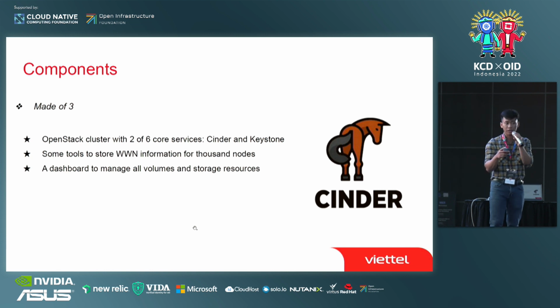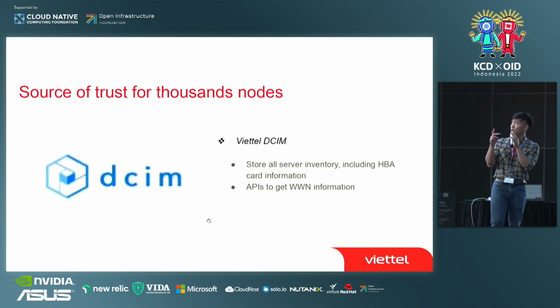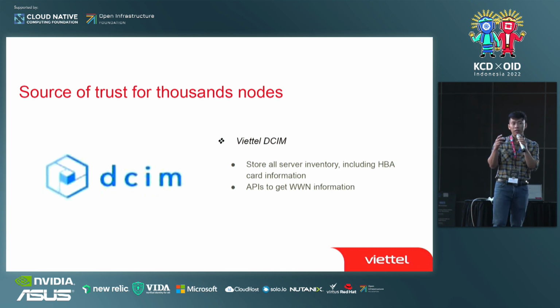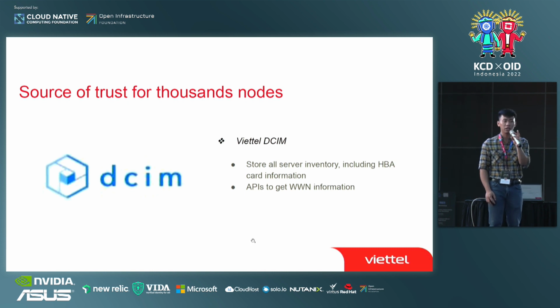The first thing is the OpenStack cluster, so I will talk about the second thing. The second component we have is virtual DCIM, a source of truth for 1,000 nodes. It's a NetBox-based infrastructure management tool to store all physical server information, including HBA card information. Especially, it has an API to get that information with a simple input: just the IP address of the host.